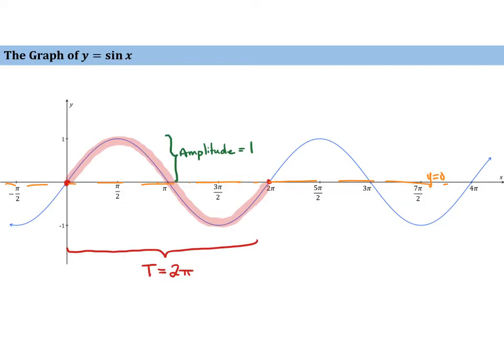So let's look also at the domain and the range of this sine function. The domain, well, this goes forever to the left and forever to the right. So the domain is negative infinity to infinity, which we've already seen in a previous video. And the range of our sine function we can also see goes from negative 1 to 1.